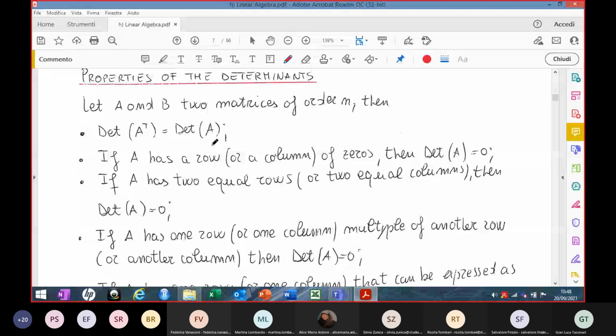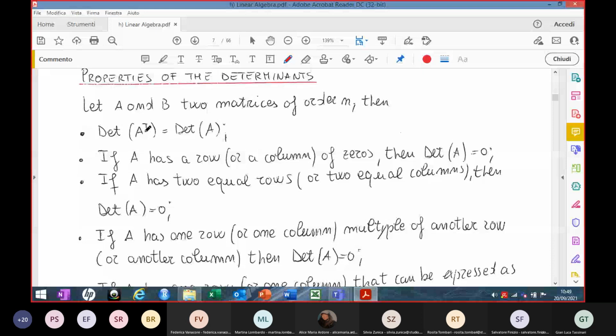I develop the determinant of A along the first row, and also the determinant of A transpose along the first row of A transpose. But the first row of A transpose is the first column of A, and so, obviously, the determinants are equal.